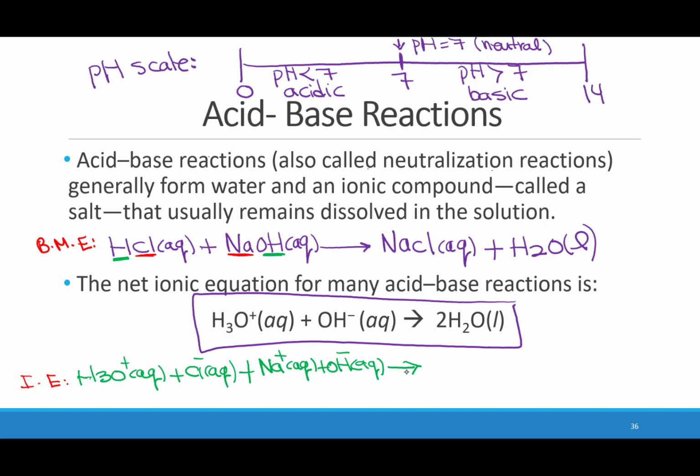Remember, ionic compounds in aqueous state will undergo separation, which produces sodium ion plus chloride ion. Last one, water. Remember, solids, liquids, and gases do not undergo separation. This is also a molecular compound. Okay, then write it as is, and it will not separate.